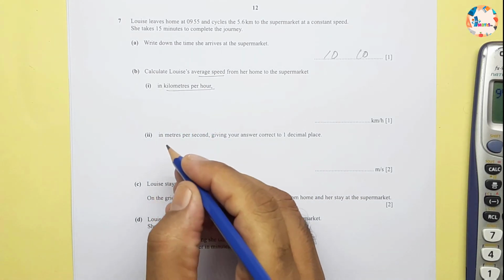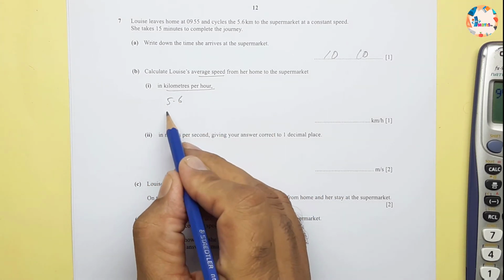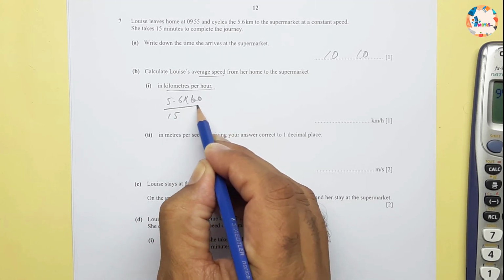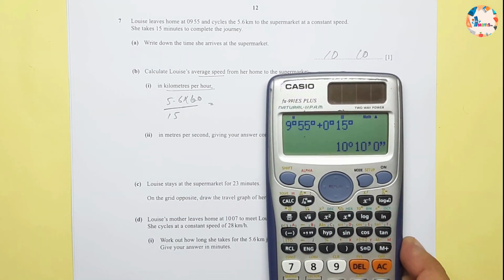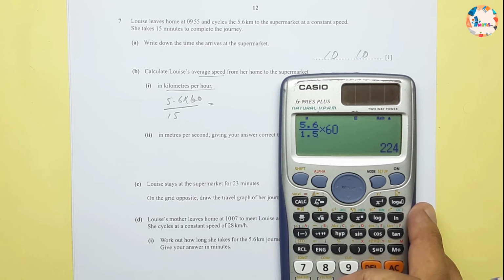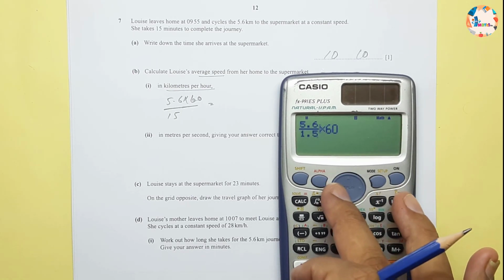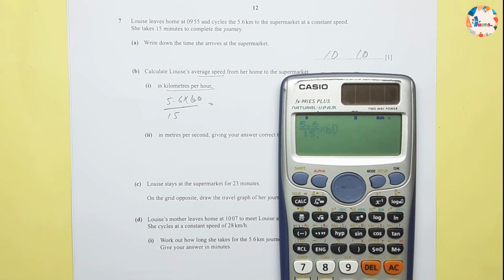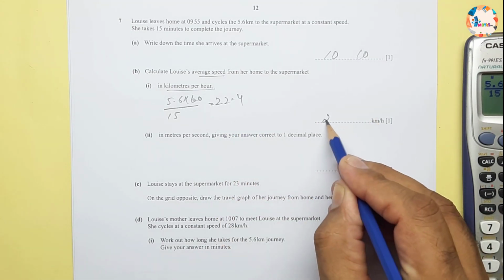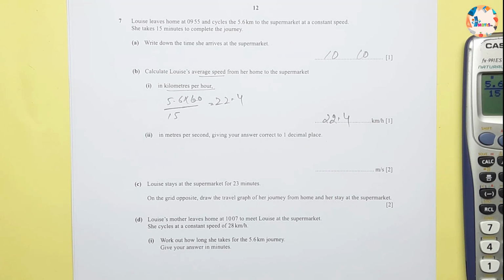So 5.6 distance divided by time, which is 15 minutes, so multiply by 60. 5.6 divided by, no, this is not 1.5, this is 15, and multiply by 60 will be equal to 22.4. So 22.4 will be our answer.